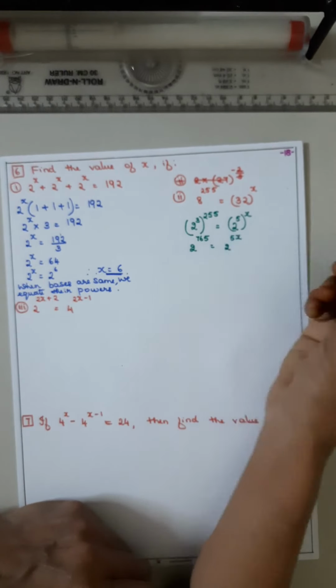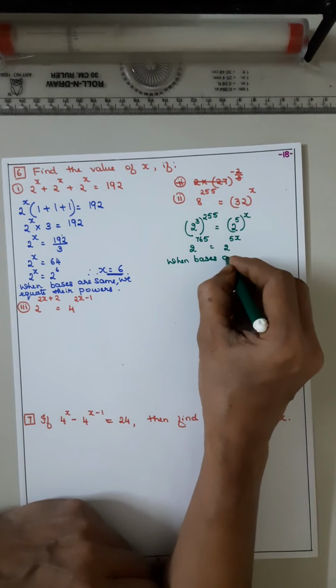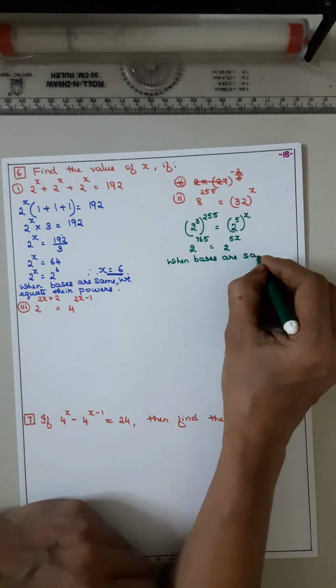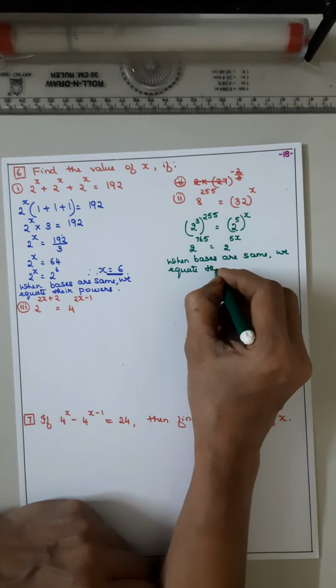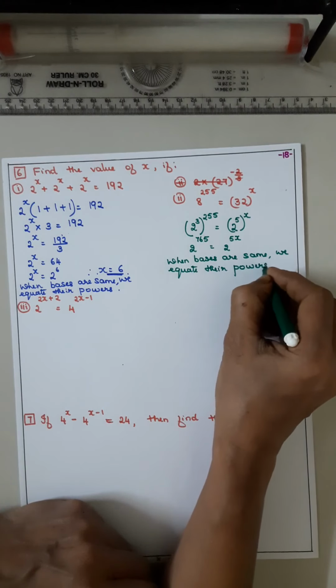Now the bases are same. So when bases are same, we equate their powers. That means 765 is equal to 5x.